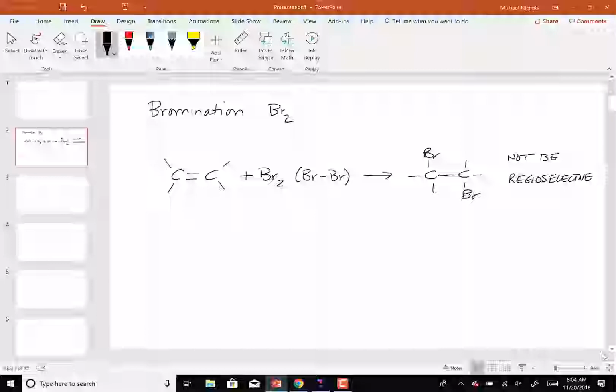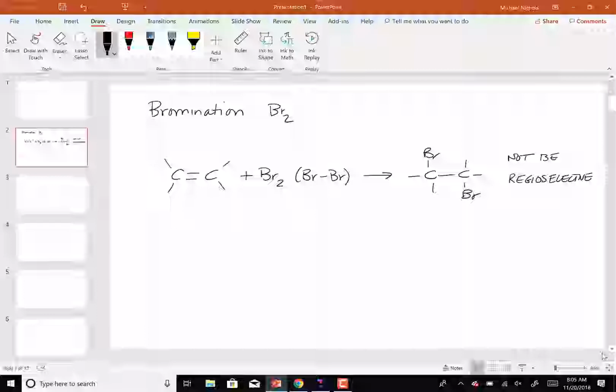Because adding the bromines this way and adding them this way gives you the same product, because I'm adding the same atom. So with bromination, you don't have to worry about it being regio selective. We will have to worry about whether it's stereoselective or not. Okay. So there is no Markovnikov or anti-Markovnikov addition, although that's not necessarily true.